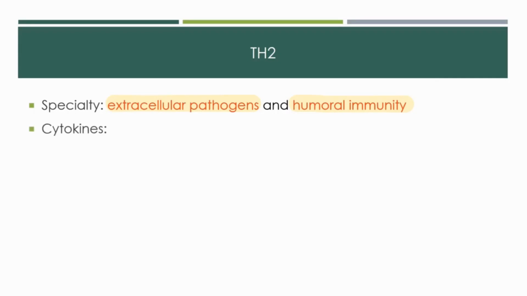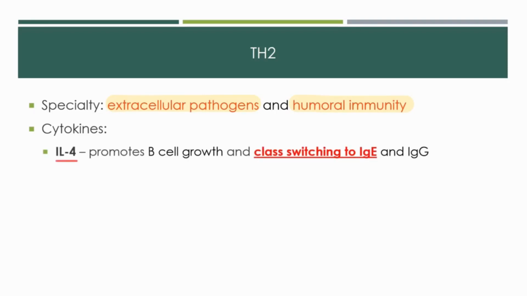And of course, Th2 cells manage these situations using their specific set of cytokines. IL-4 promotes B-cell growth and antibody class switching to produce IgE, and also some IgG antibody. Since IL-4 and interferon gamma both play a role in class switching to IgG, it's probably not something you'll be tested on. Examiners will go after IgE though.